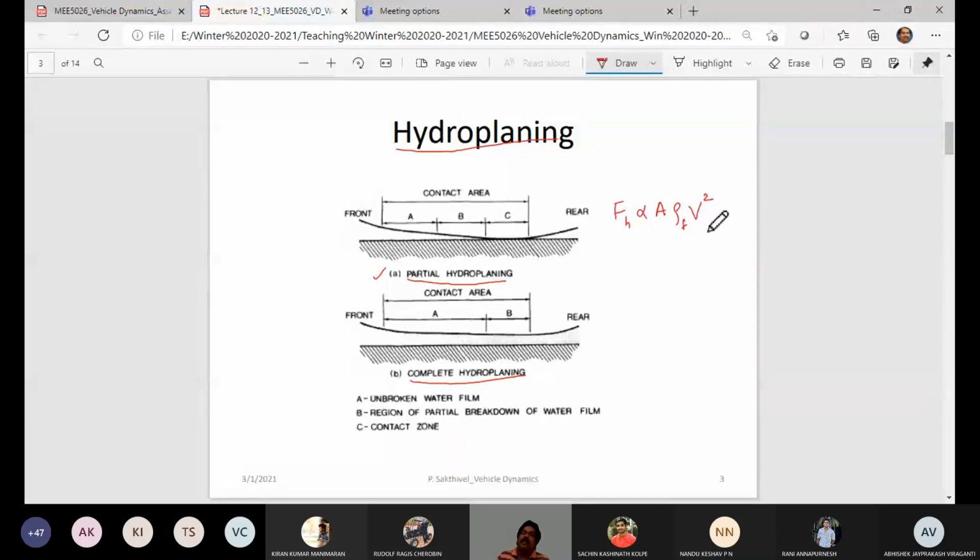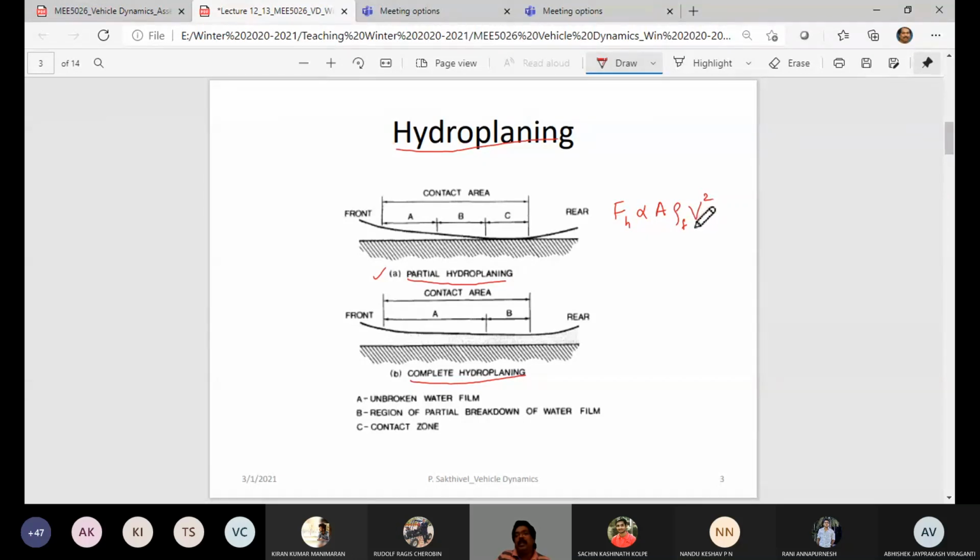That's the vehicle speed as well. So if you look at it, it's proportional to the square of it. That's why this hydroplaning phenomenon is more pronounced or more visible with vehicles at higher speeds. Passenger cars are at high speeds on the highways, whereas trucks are going at relatively lower speeds, right?